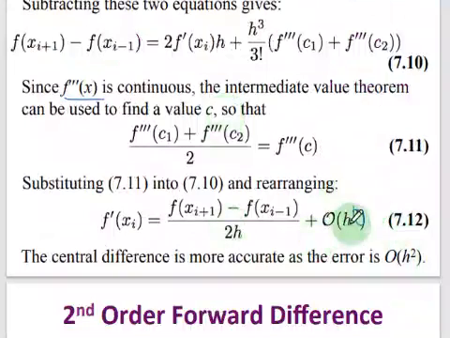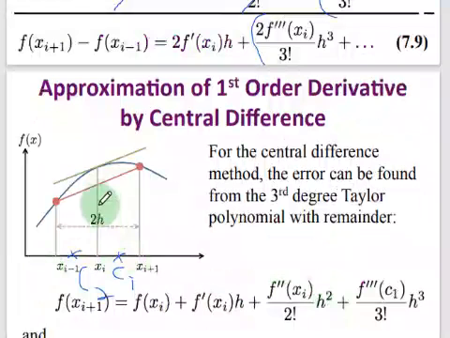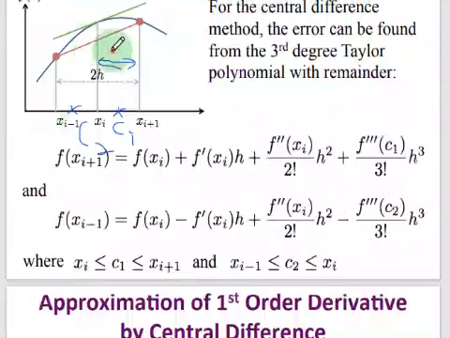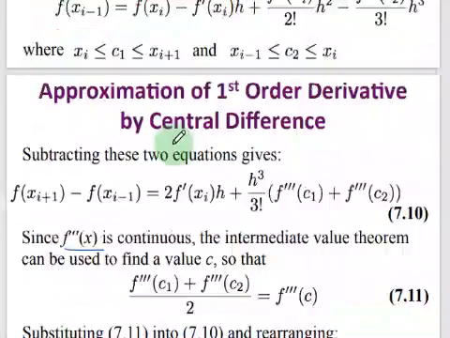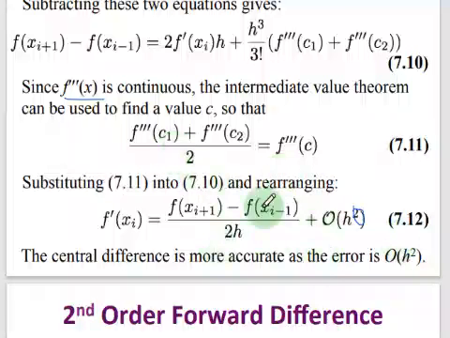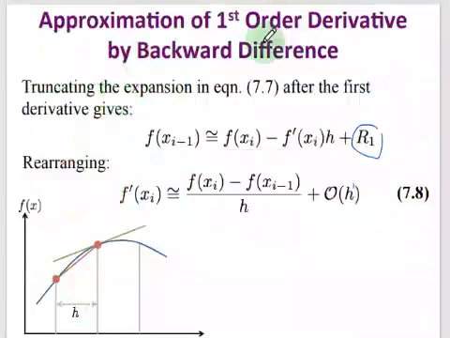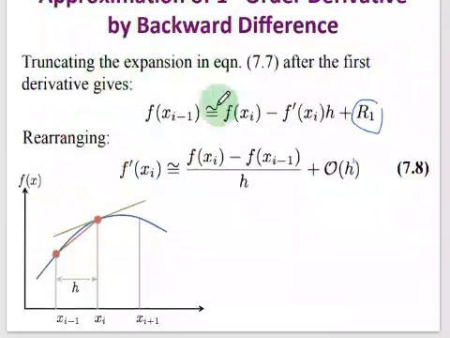If you reduce this h by 1/10, then we can expect your approximation to get 1/100 times the error, something like that, right?